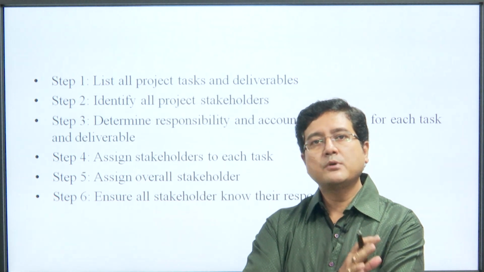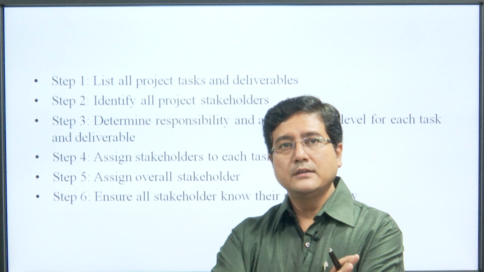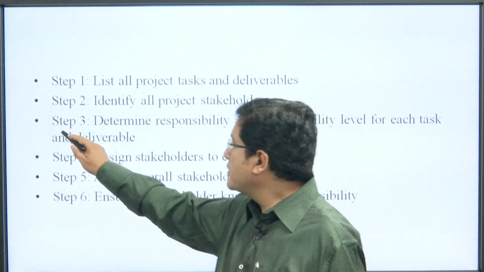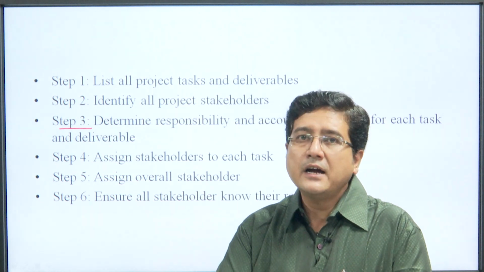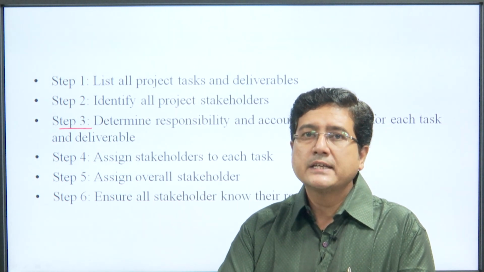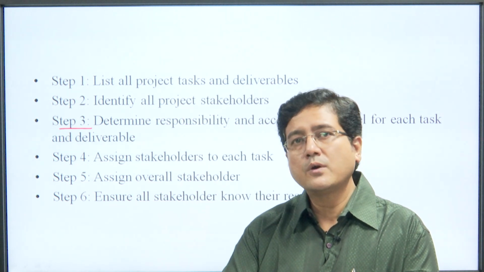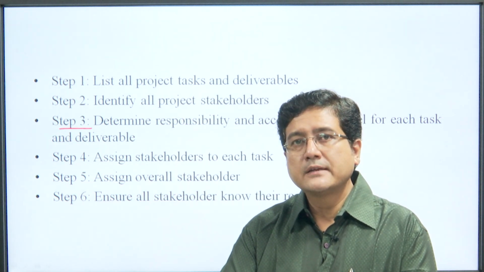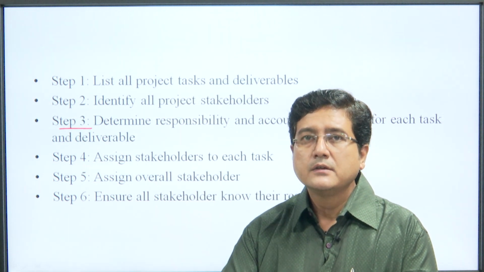Next, determine the responsibility and accountability level for each task. That is very important, because when we give responsibility to a person, if we are not able to judge whether he is actually responsible or not, then the result will not be as appropriate as we require.